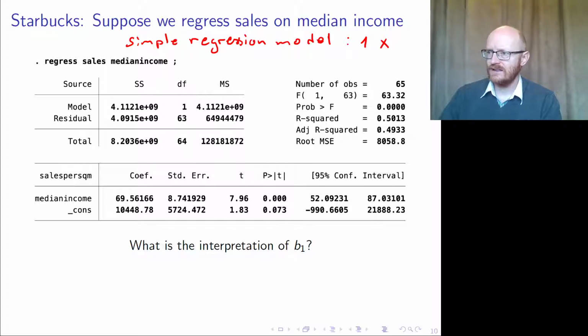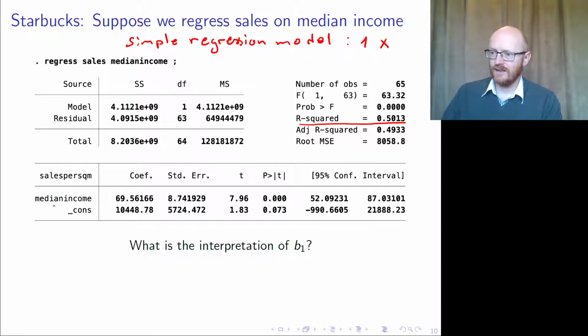What you find when you regress sales on median income is that the r squared is 0.50, which means that the median income explains 50% of the variance of sales.